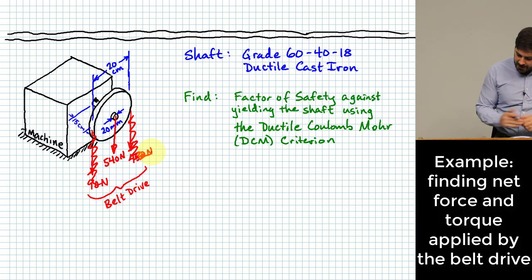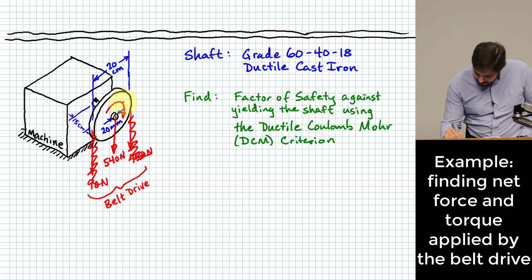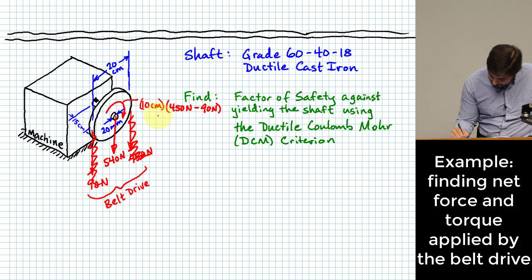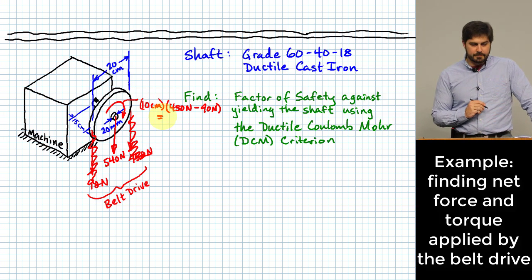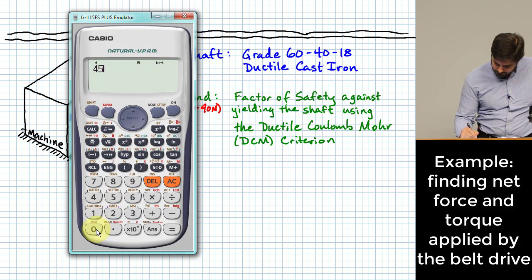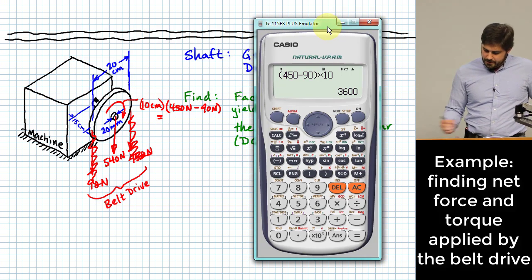So I end up with a net torque in this direction, and that torque is equal to 10 centimeters times 450 newtons minus 90 newtons. That's 3,600 newton centimeters.